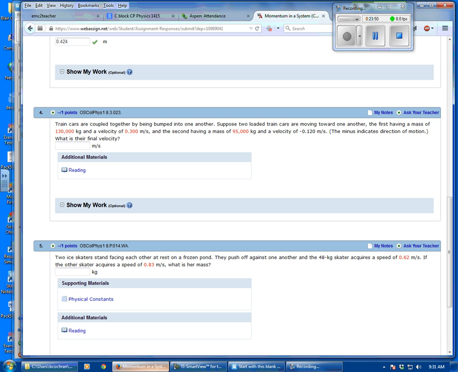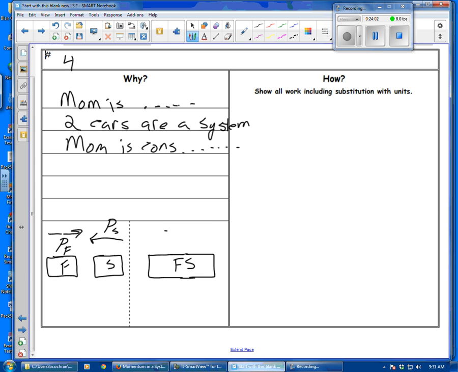This way. That's what I think, because I look at the first one, it's more massive and it's moving faster. So I think it's going to have more momentum than the second one. So I agree. I think it's going to move this way.